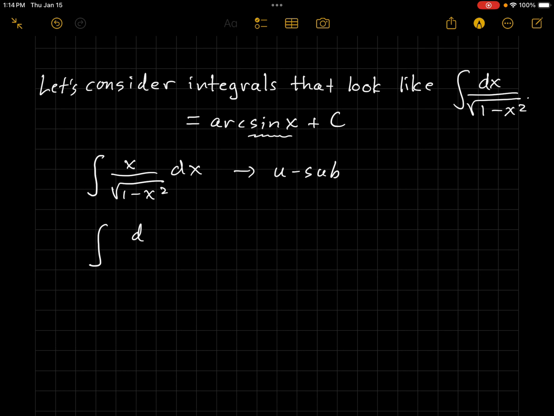What if I have another one that looks like the original, but without the square root? Well, this one I would consider doing partial fractions. But what if we have one of this form?